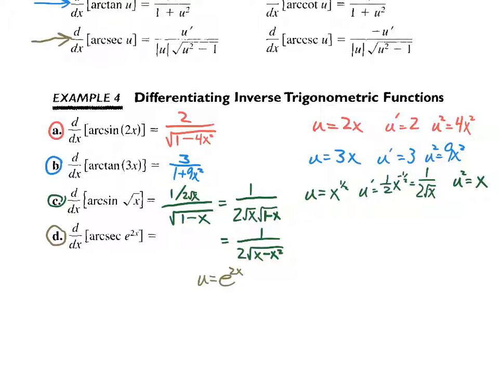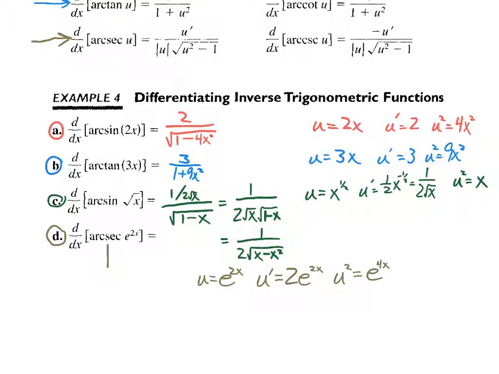What is u prime? 2e to the 2x. And then how about u squared? E to the 4x. So when you do 2x and then it's squared, you just multiply the exponent. So it's e to the 4x.